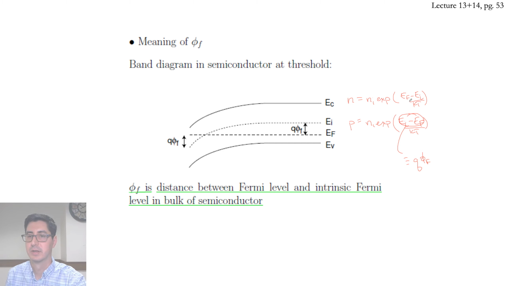Well, it's when this quantity here is equal to negative Q phi F. Well, it's when that quantity there is equal to positive Q phi F. And for that quantity to equal positive Q phi F, that's when N and P are equal. That means the bands have to have been this way.